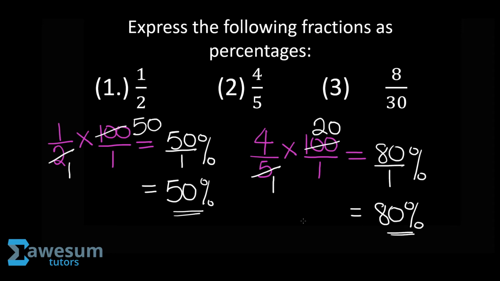All right. So if you convert 1 over 2 to percentage, that's going to be 50%. If you convert 4 over 5 to percentage, it's going to give you 80%. Okay, so that means if you got 4 out of 5 in your exam, that means you got 80% when you convert it to percentage.